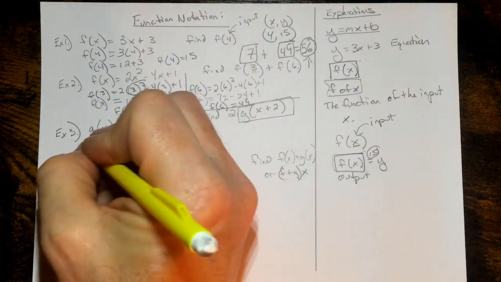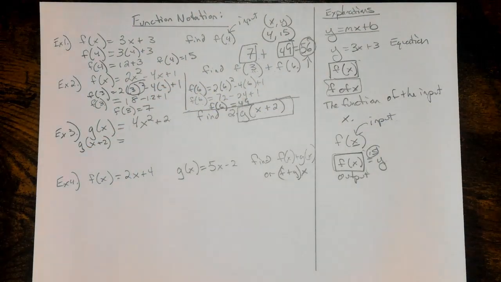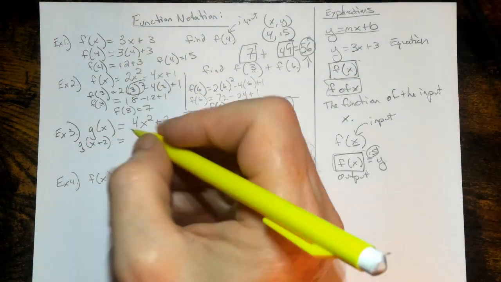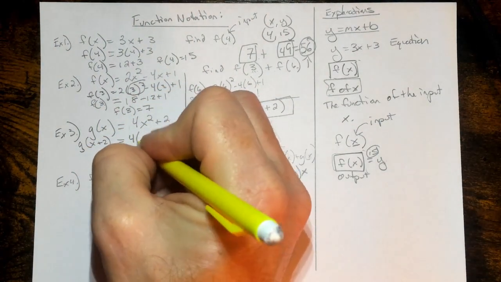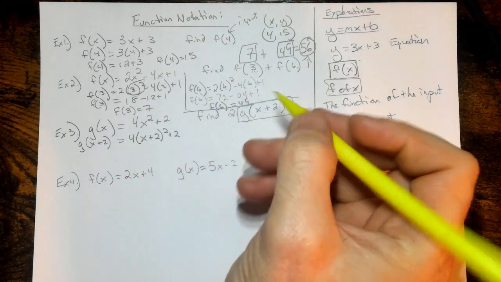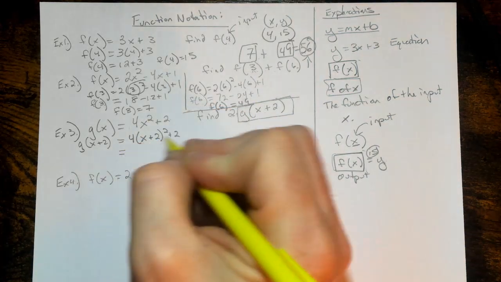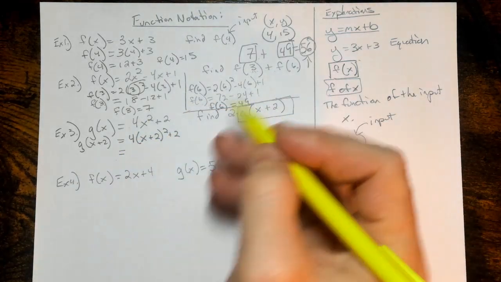So I'm going to just put this over here just so we can see. Just organization-wise, it's cleaner. Maybe you'll learn techniques later on. And now I'm going to have 4 times x plus 2 squared, plus 2. And okay, so this is going to be a little tricky for those of you who haven't done any quadratics yet.